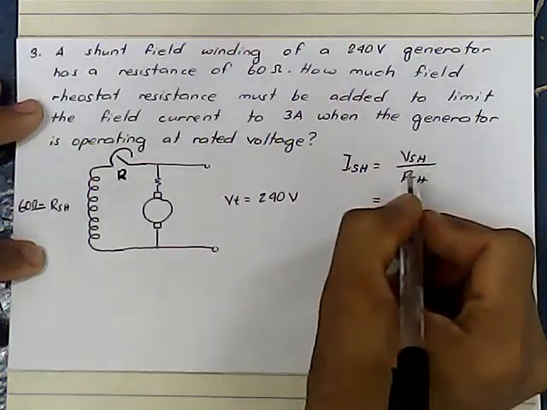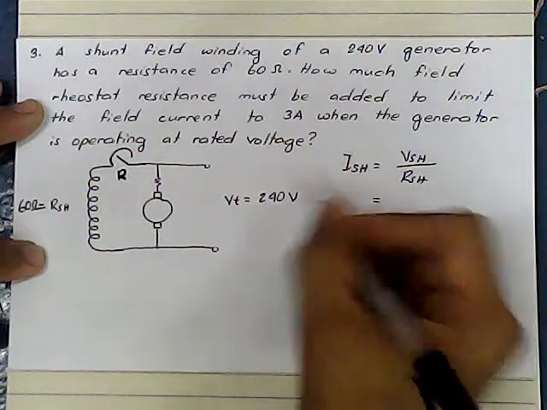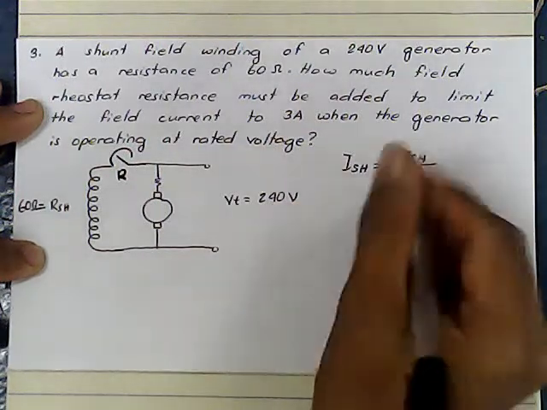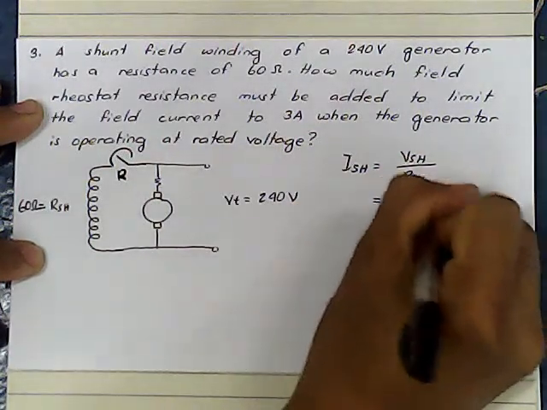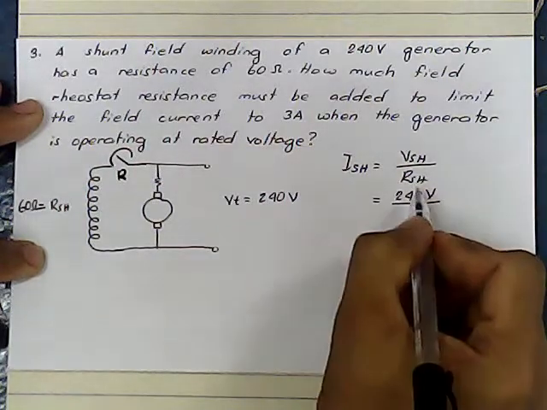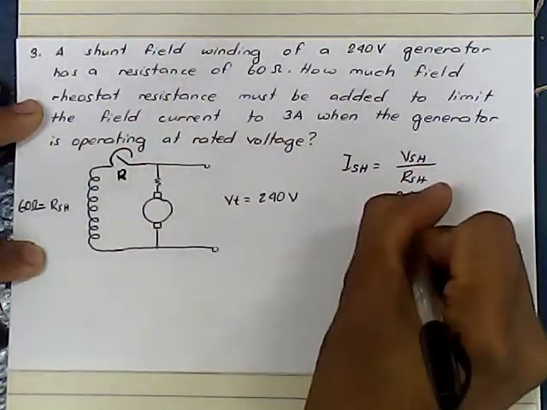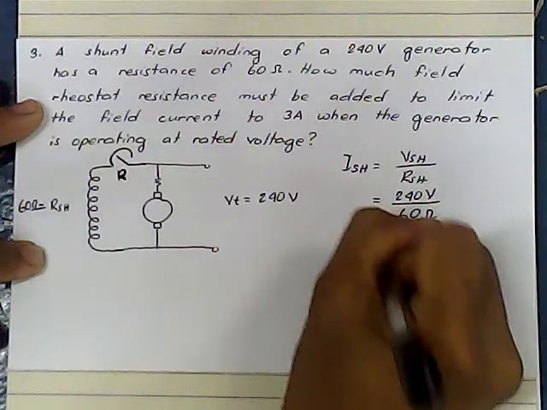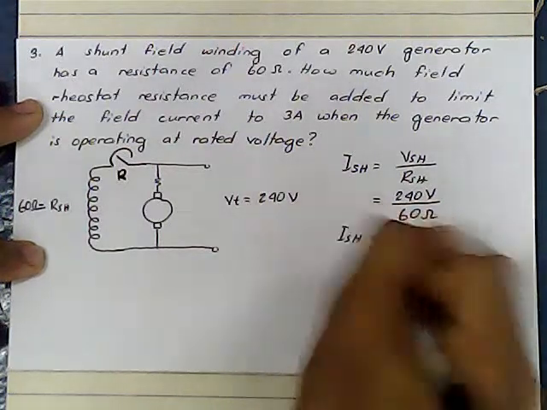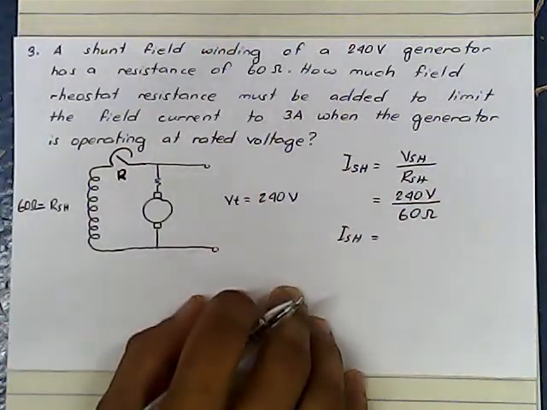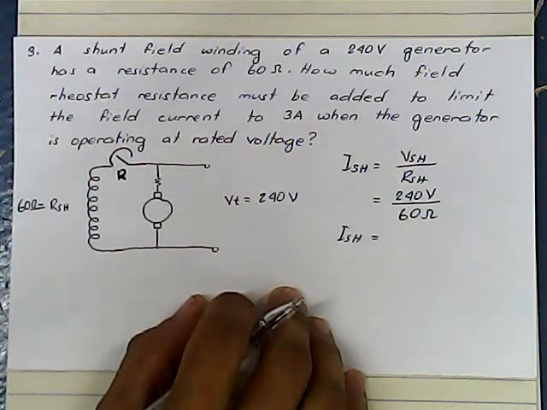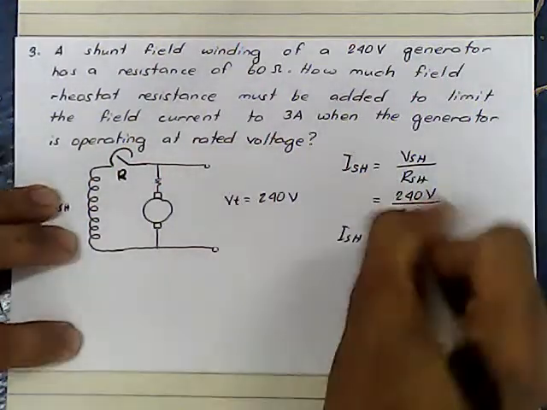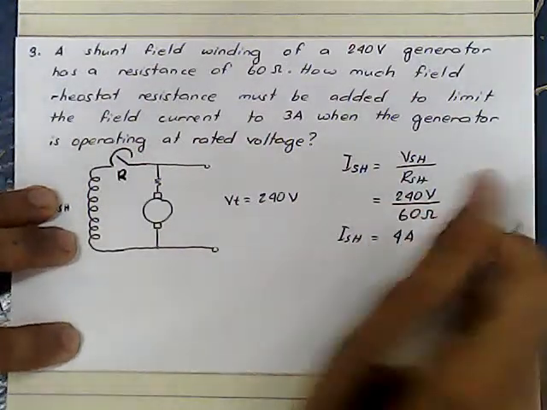Again, yung VSH natin, since it is connected into shunt, equivalent siya to 240 volts. So, divide natin ito ng 60 ohms. Ang ISH natin is, so 240 divided by 60 ohms, that will give us 4 amperes.